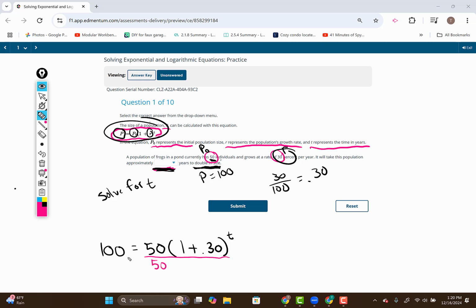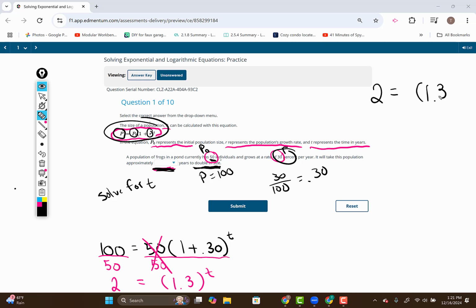It's good to know the forwards way to solve it. Let's divide both sides by 50. We end up with 2 equals 1 plus 0.3, which is just 1.3, raised to the T power.